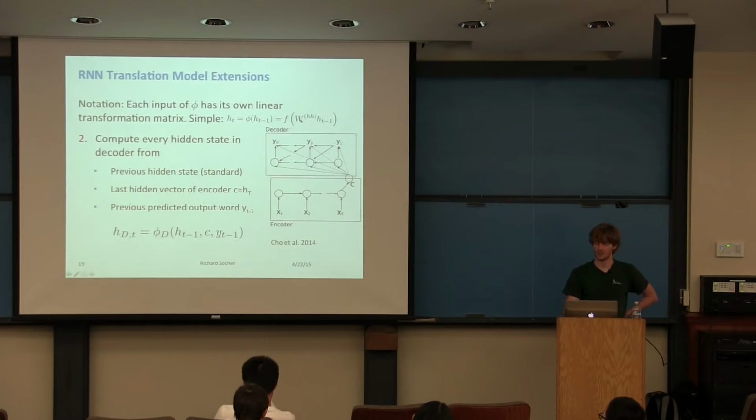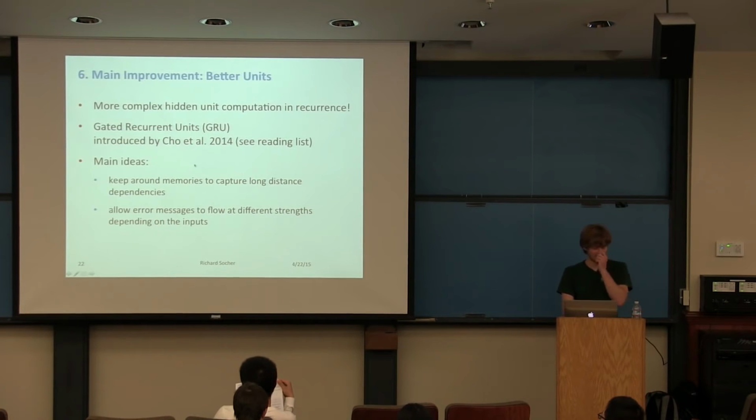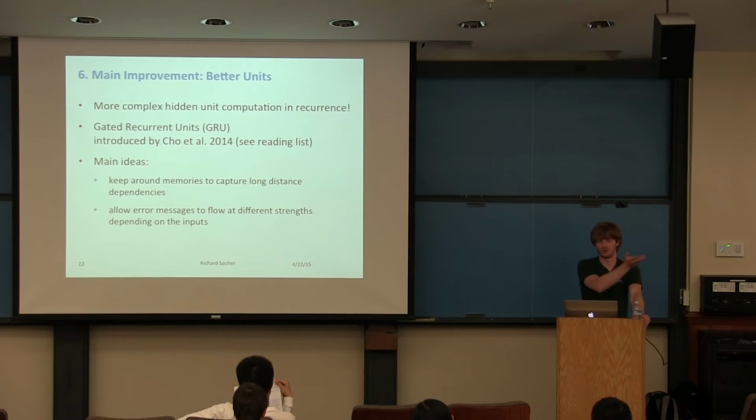Every time step you will make a huge change to H, and that change depends on all the other elements of H. Instead of doing that, these gated recurrent units allow you to keep some elements of your H somewhat constant so you can carry over long distance kinds of information. And those two go hand in hand, which will then allow you to have error messages flowing at different strengths. Sometimes your error message changes entirely what each unit does in your hidden state, and other times it will just go through the network to maybe even 50 time steps away.